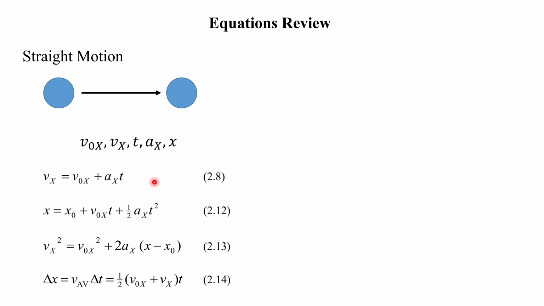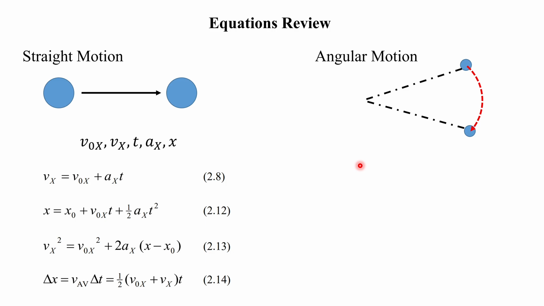And the same idea applies in angular motion. If you have an object spinning through an angle, then we still have 5 parameters to describe this angular motion. They are the initial angular velocity, the final angular velocity, and the time.